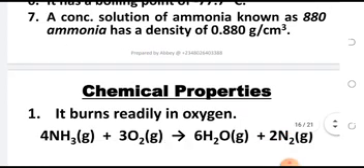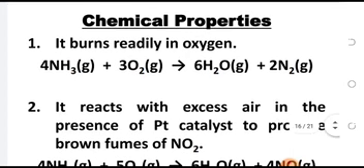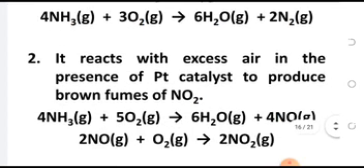Let's go to the chemical properties. It burns readily in oxygen. So burning in oxygen gives water and nitrogen gas. Then another one is that it reacts with excess air in the presence of platinum catalyst to produce brown fumes of nitrogen 4 oxide.